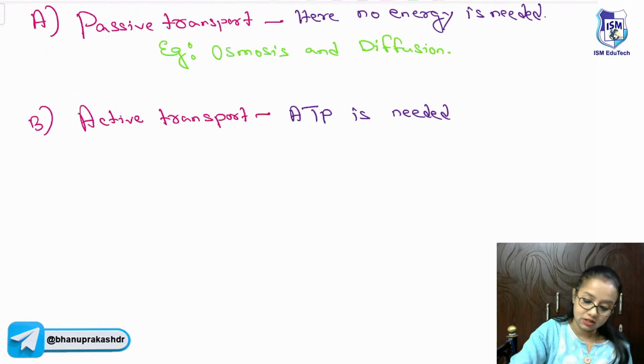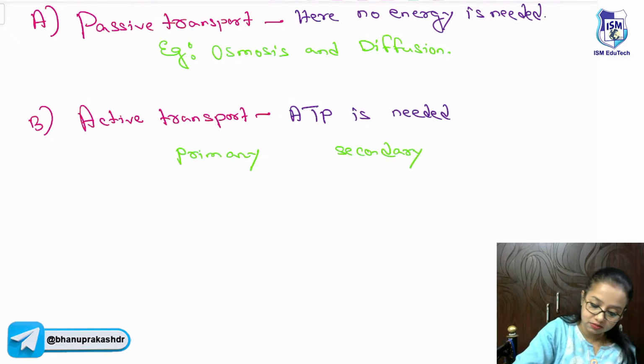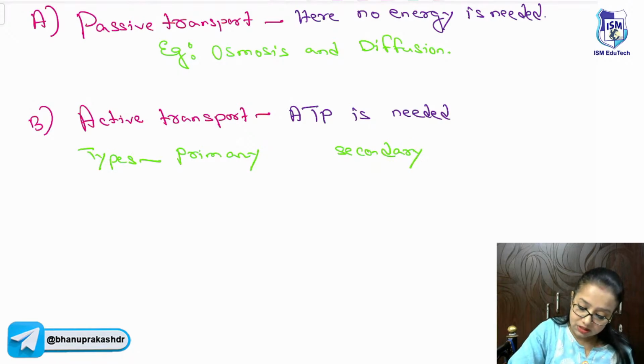Whereas active transport is again of two types: primary active transport and secondary active transport. Both primary and secondary active transport need a carrier as well as ATP.